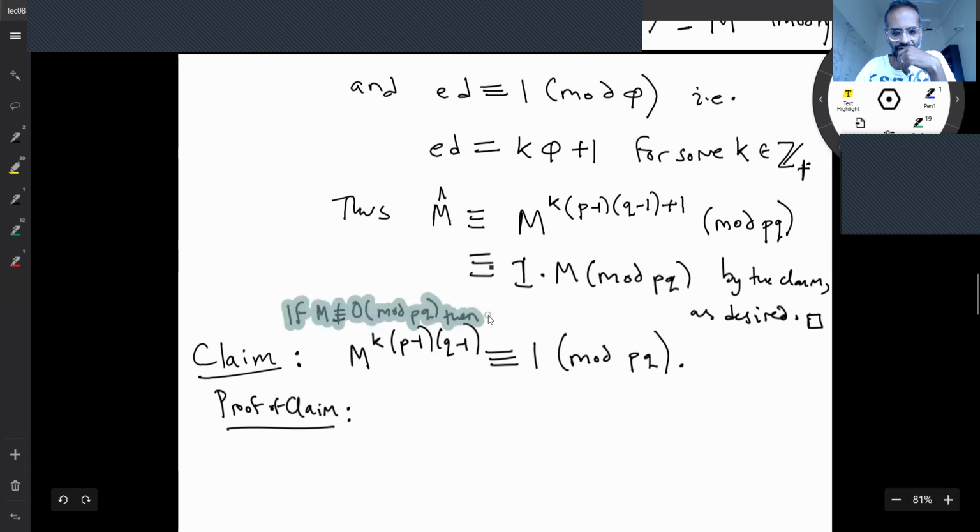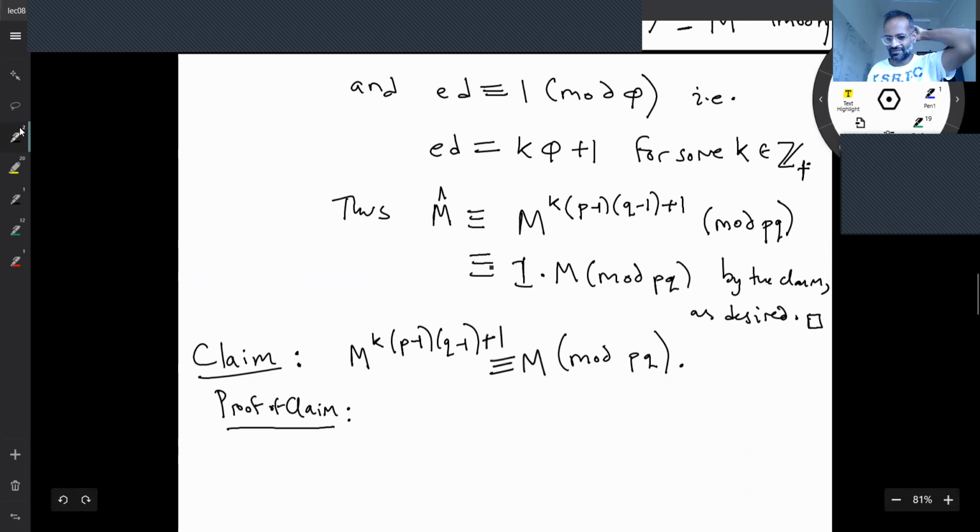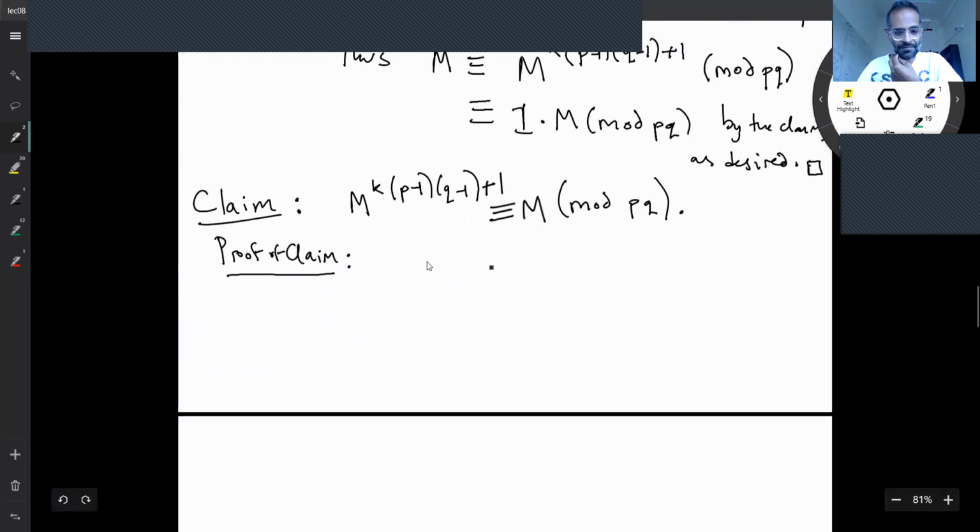Let me make it handle all the cases at once. Let's prove this claim, which is clearly enough to prove what I want. Well, that's the whole point of the proof. Okay, I guess I didn't achieve much by structuring the proof this way.